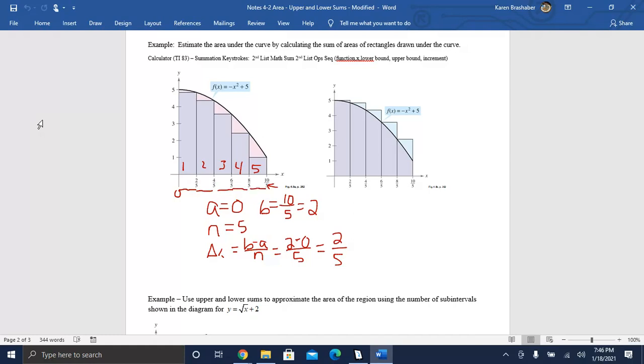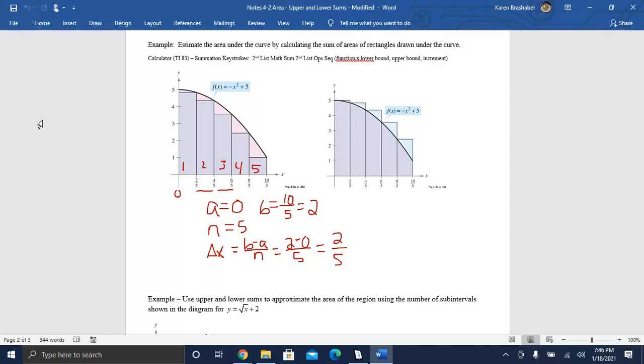So this 2/5 is just the distance between each one of these hash marks, and those are representative of where each rectangle is drawn. So your delta x is nothing more than the width of each one of those rectangles, okay? And then we need to know something about the height of each one of these rectangles.